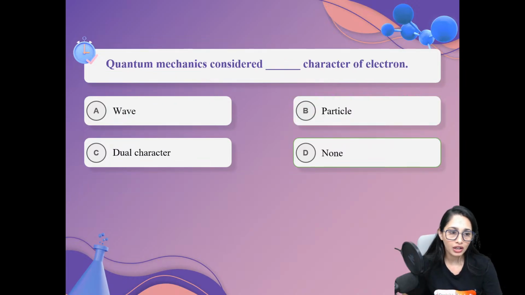Moving on, quantum mechanics consider dash character of electron. Wave, particle, dual nature, none. What is the answer?